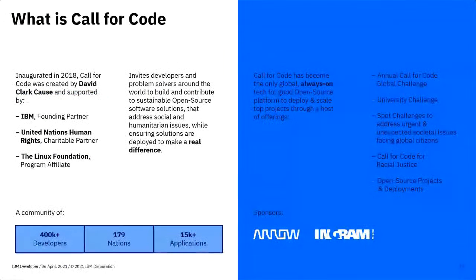So it's back. So the time has come this year essentially for us to get started with Call for Code as well. This year is a very exciting initiative where we call across all developers to use our open source products and IBM products to build things that change the world, right? So right now we have a Call for Code initiative that we are running and it's up and running for this year.